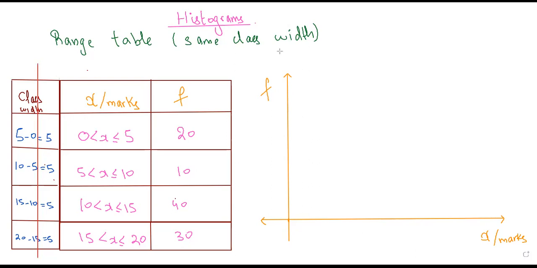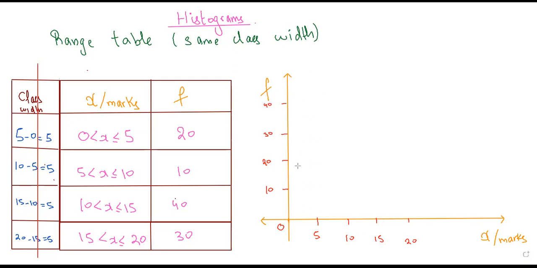Okay, so I'll just label the axis. It's 0, 5, 10, 15, 20. It's 10, 20, 30, and 40.